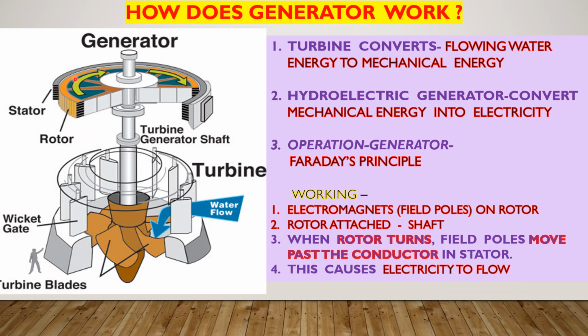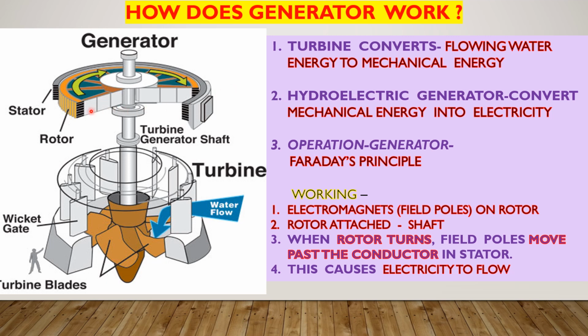So as the rotor rotates, see with the arrows, as the rotor rotates, what happens? It moves towards and away from the conductor, just like in the previous slide. In the previous slide, we have seen that the bar magnet is moving horizontally towards the hollow shell on which the conductor is rotated.